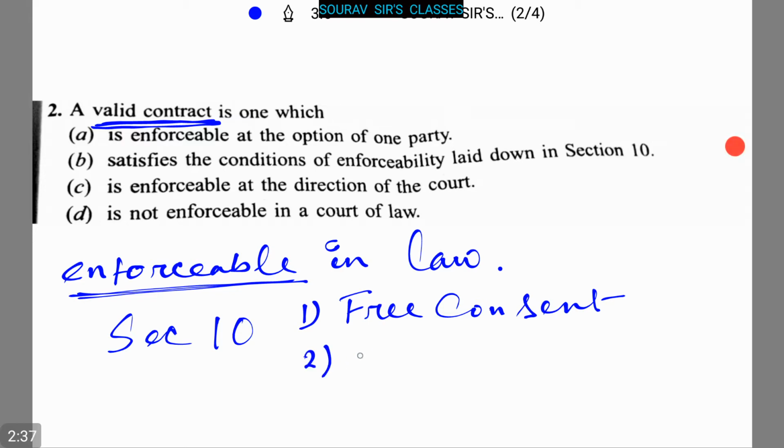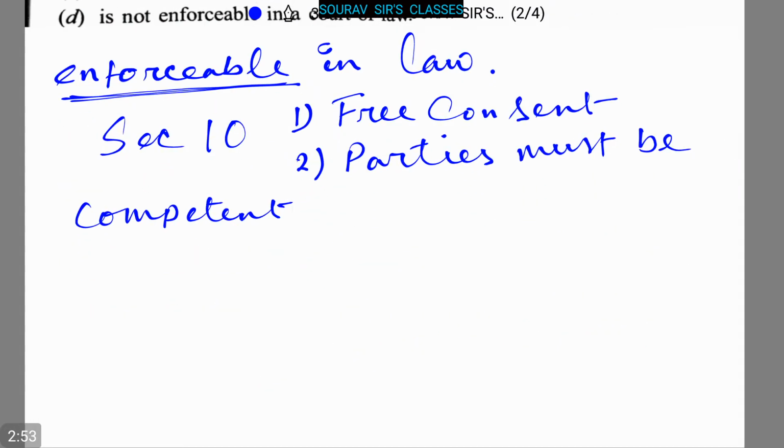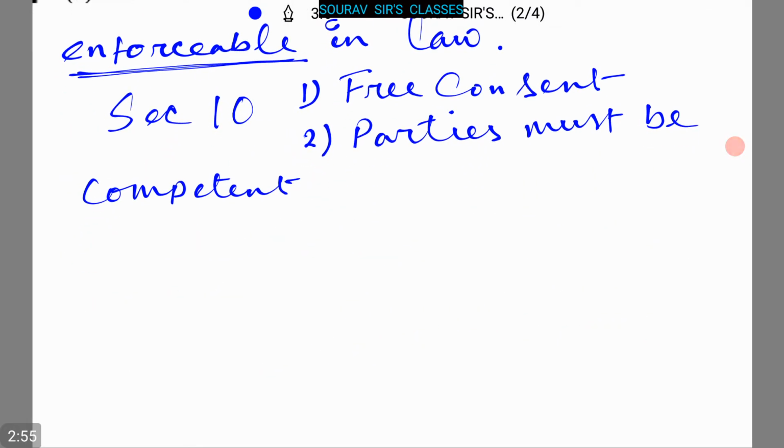Second is, parties must be competent to contract. That is, any minor can't enter into a valid contract.